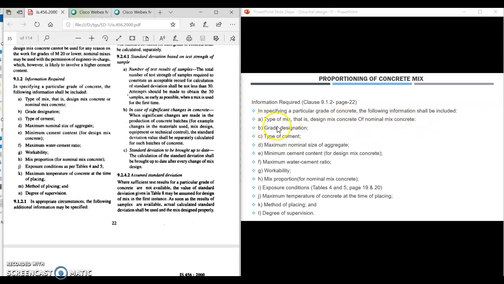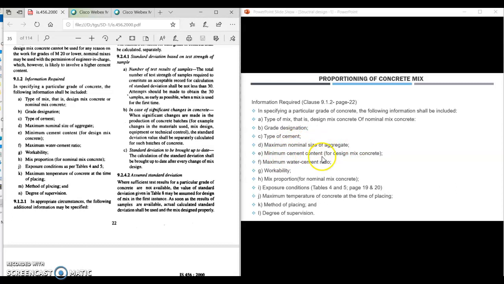Then grade designation, M20, M25, M30, etc. Type of cement, 43 grade or 53 grade, and maximum nominal size of aggregate, 20 mm, above 20 mm or below 20 mm. The size is mentioned.